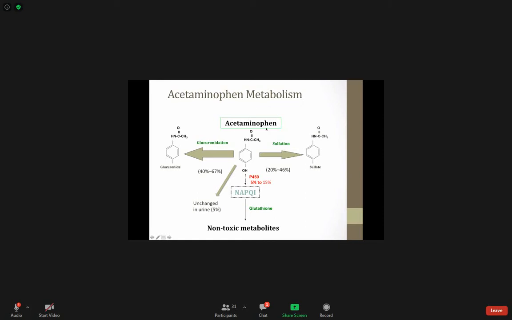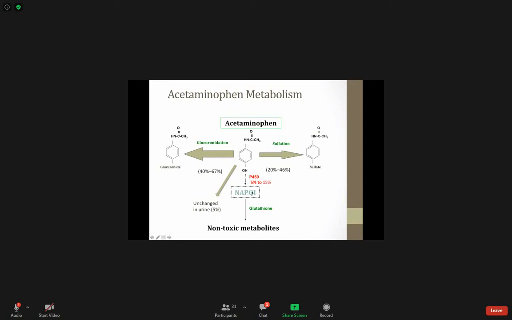So someone took acetaminophen, okay? Usually the metabolism is by glucuronidation in the liver and sulfation in the liver, okay? 5% goes unchanged in the urine, and a small percentage, different from person to person, like 5 to 10% or 15%, goes through the cytochrome P450 system in the liver and produces NAPQI. This NAPQI is the bad guy.